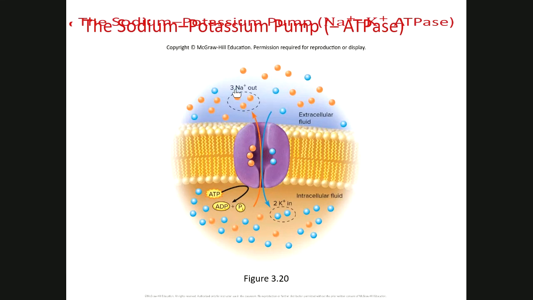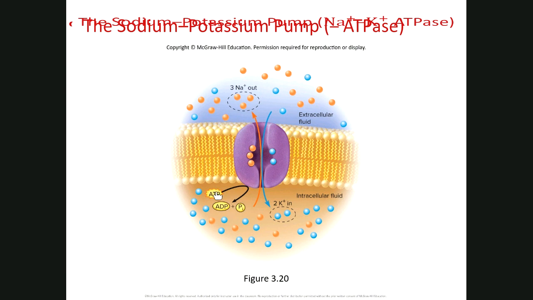And so for every 3 sodium ions it pumps out, it's going to bring back in 2 potassium ions. And again, the fact that it's bringing in these 2 potassium ions contributes to why there is a higher concentration of potassium inside the cell compared to out. And that is the normal relaxed state.